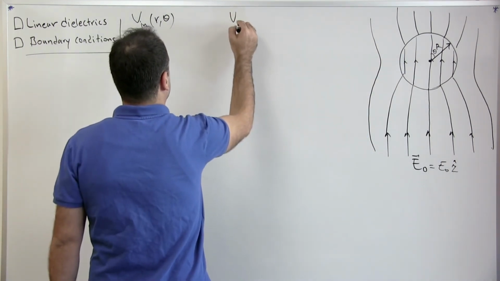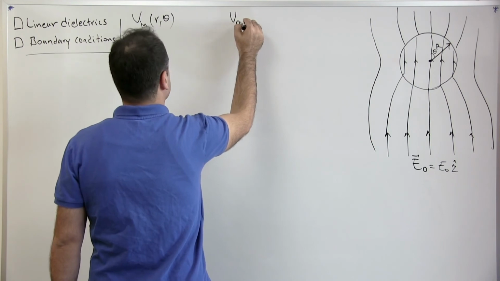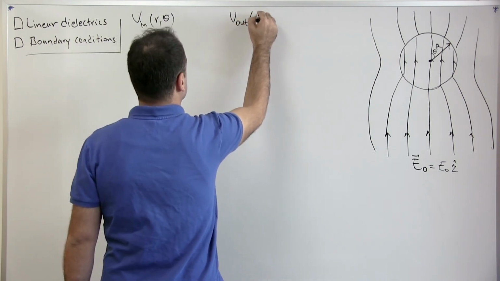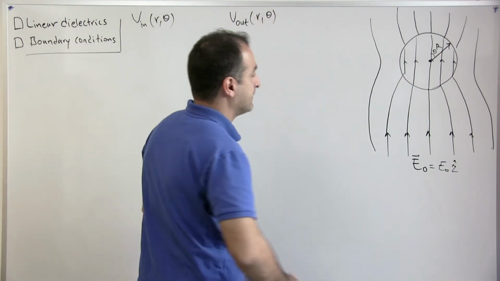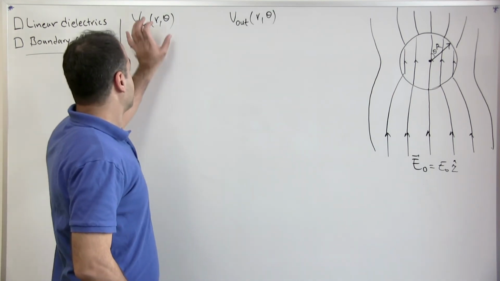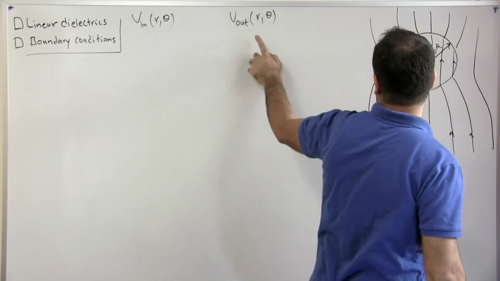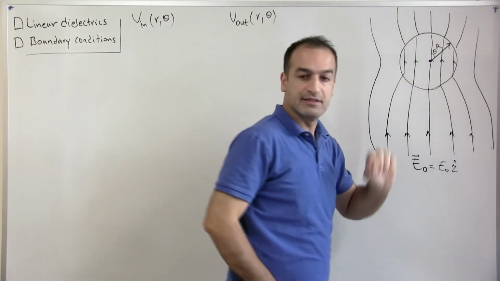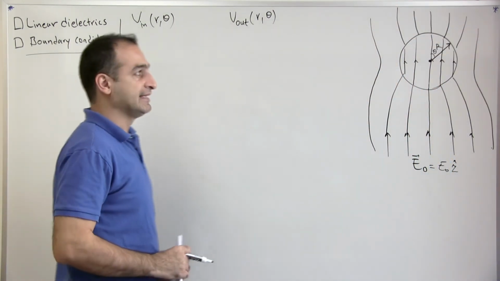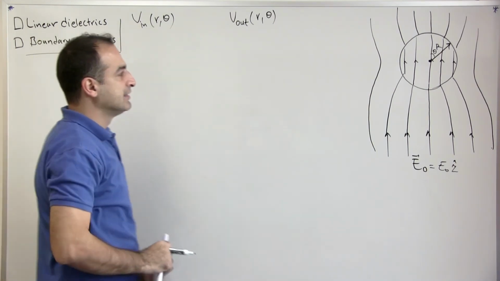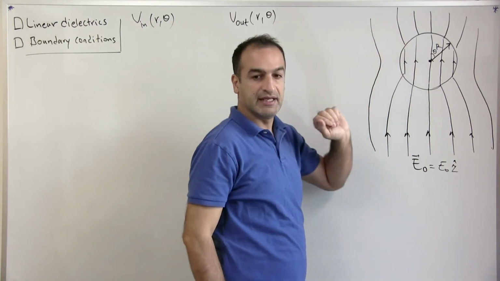And so we have V in and V out of r, theta. The first one refers to the potential inside the sphere. The second one refers to the potential outside the sphere. And these two need to be connected through the boundary conditions that we have here.